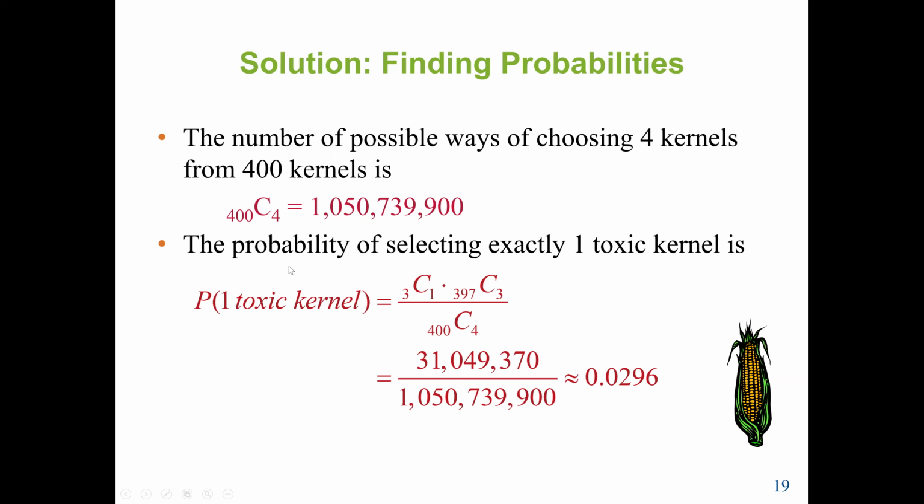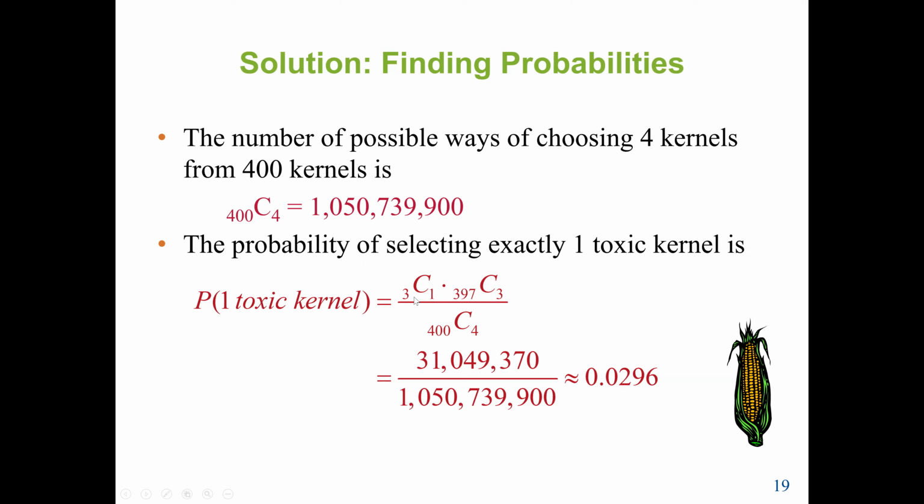Now, the probability of selecting exactly 1 toxic kernel is the combination of 3 choose 1 times the combination of 397 choose 3, divided by the total, which is the combination of 400 choose 4. If we do the calculation with the formulas, we get 0.0296.